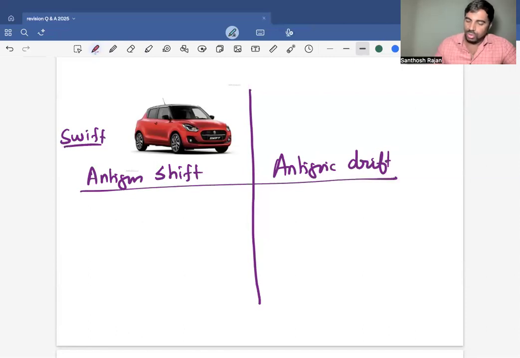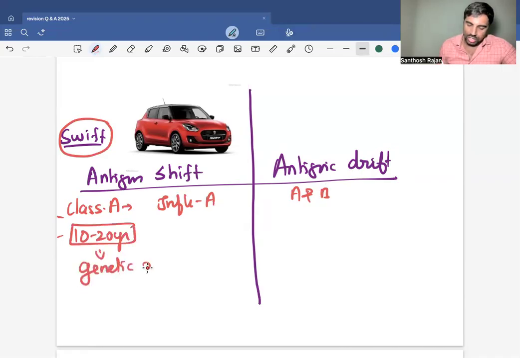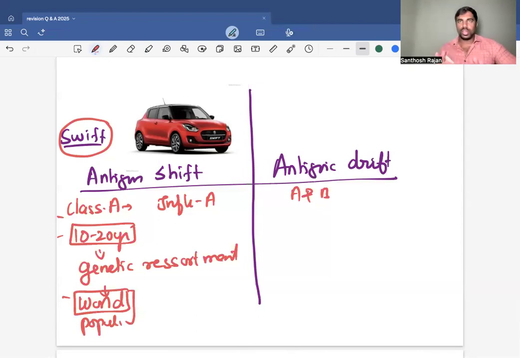Shift car, always class A, that means only influenza A is causing it. Shift, every 10 to 20 years, undergoes genetic reassortment. Because of that only, it's world popular. Maruti Swift is the only Indian car available everywhere, you can say. I mean to say pandemics and epidemics.